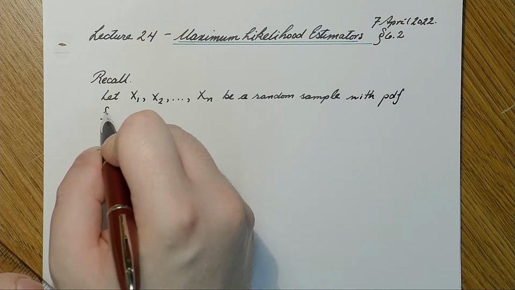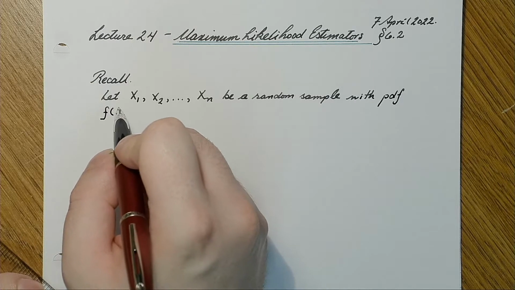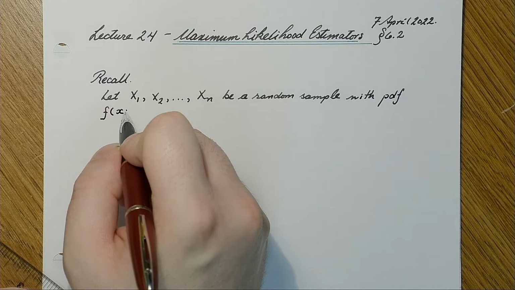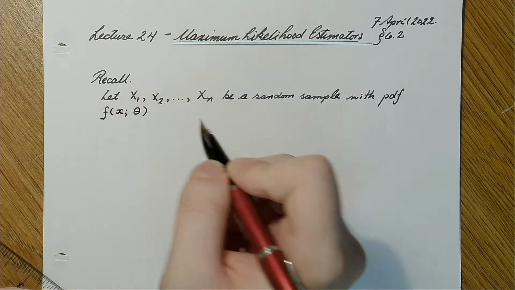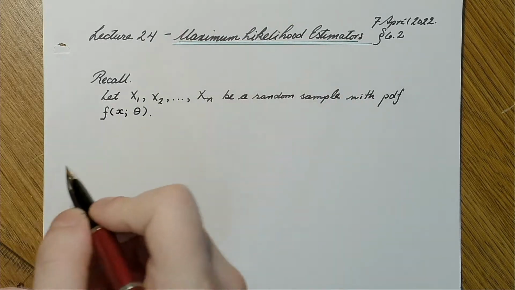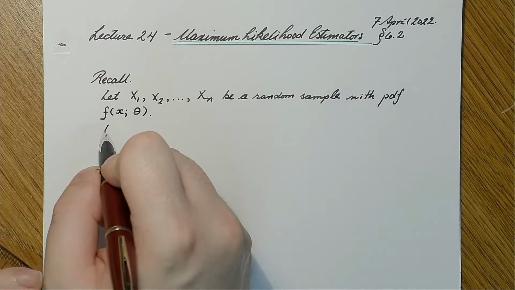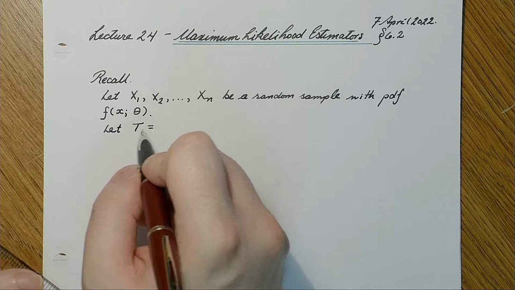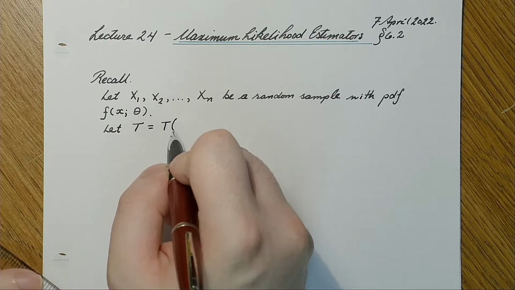We have f of x for some parameter, theta, and we're going to use t to be our statistic. So we have some t, which is a function of our random sample.